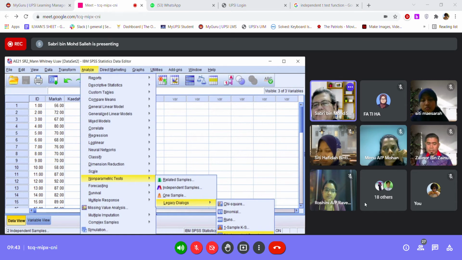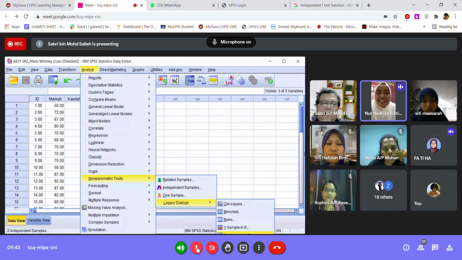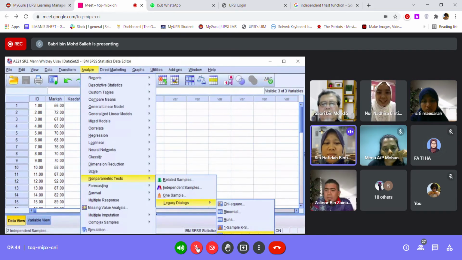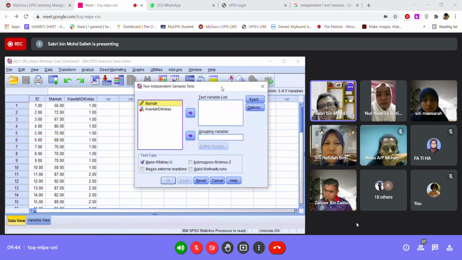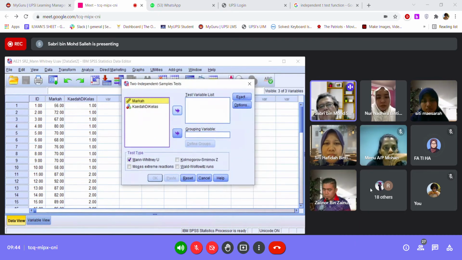Doktor, slide doktor. Dalam slide tak ada. Tak nampak. Okey, tak apalah. Okey, sekarang kita ambil tu independent samples lah. Okey, klik independent samples. Paparan nampak kan? Okey, masuk markah dalam test variable. Masuk kaedah dalam grouping variable.